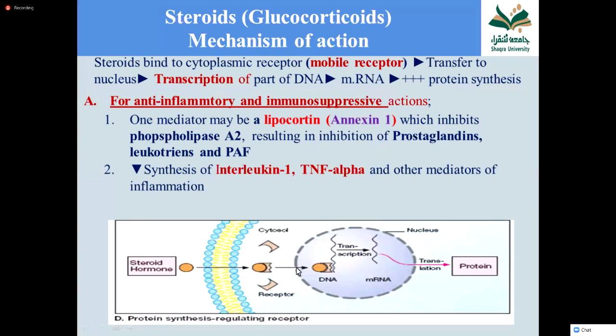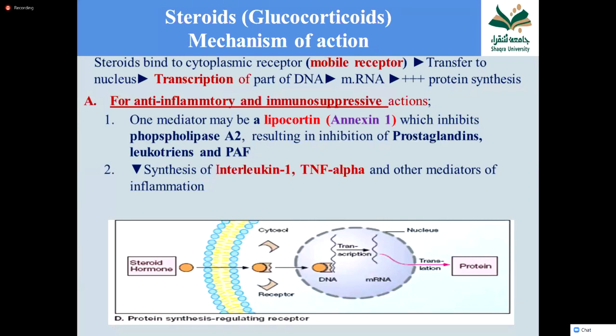This complex will transfer into the nucleus, and then bind to the DNA and cause transcription and formation of mRNA, and ultimately by translation it may lead to formation of some protein which suppresses phospholipase A2.